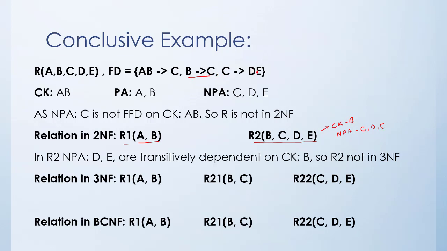Because B determines C and C determines DE. So DE are non-prime attributes which are transitively dependent on the candidate key B. So R2 is not in BCNF.